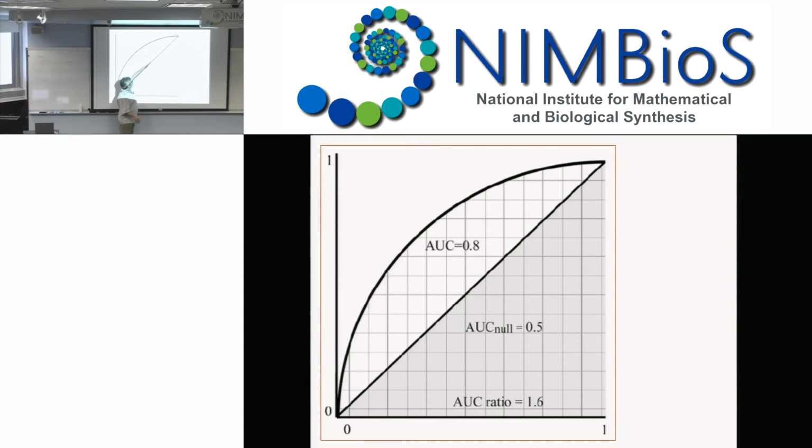So the ratio, it might be 0.51 to 0.5. If that ratio is 1, then our observed curve is not better than random. If it's above 1, then we're better than random. So in this case, we would report an AUC ratio of 1.6.